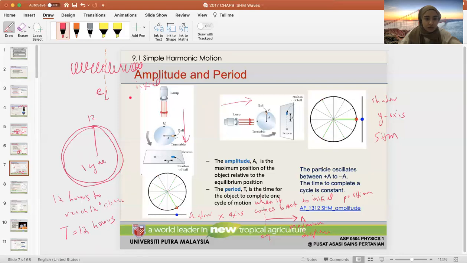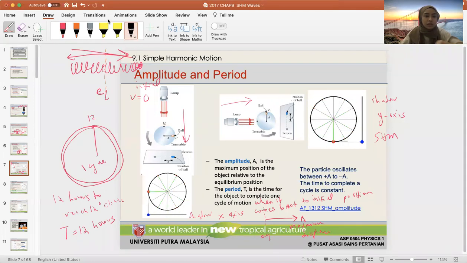I start from rest here, v equals 0. I declare the initial start there. So one cycle is going here, and going back here. Sorry, I shouted. One cycle, right? I go from here, I go here, and then I go back to the same place, one cycle.